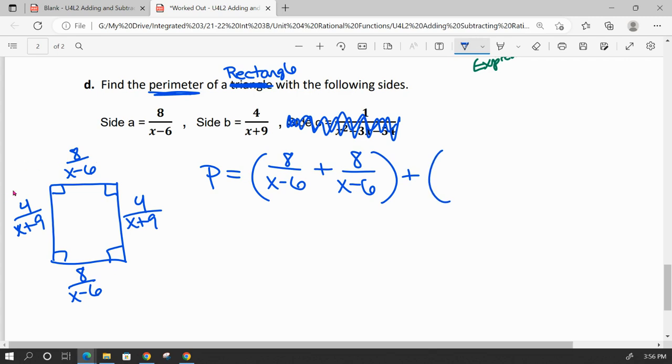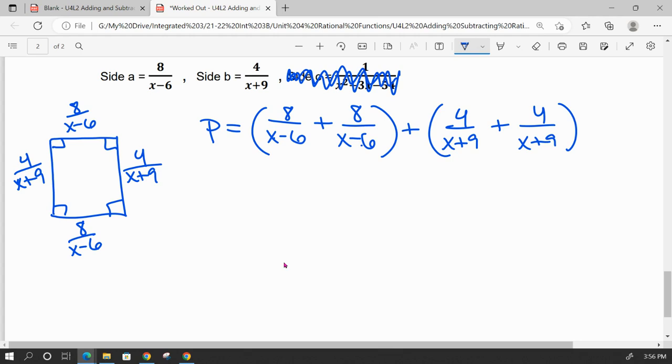Then I'm going to add the 4 over x plus 9 with the other 4 over x plus 9. When you have a common denominator, you just add the numerators. So 8 plus 8 is 16, and my denominator stays the same. Over here, I have a common denominator, so simply add the numerators. 4 plus 4 is 8. X plus 9 is your denominator.